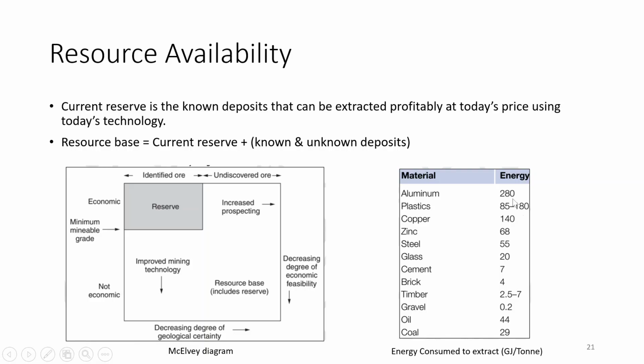Next is plastic at 85 to 180, copper 140, zinc 68 and steel 55, glass 20, cement 7, brick 4, timber 2.5 to 7, gravel 0.2, oil 44, coal 29. Aluminum and copper require electrodeposition-type techniques for extraction, so they require higher energy compared to zinc and steel, which require melting.